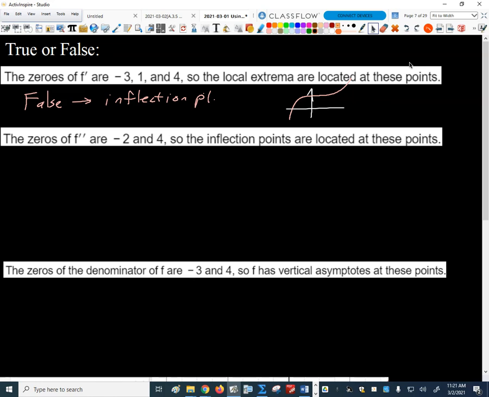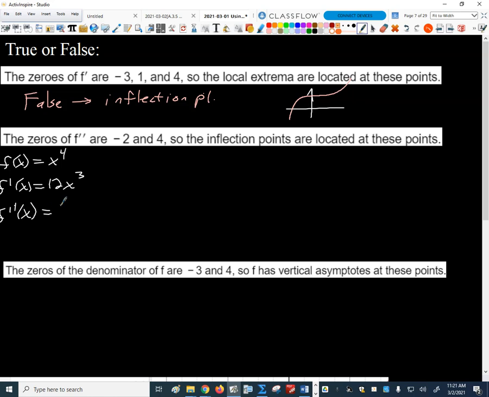Remember the example we did where we had x cubed and x to the fourth, right? If I take x to the fourth, for example, if it's an even function that has a large exponent, then f prime of x equals 12x cubed.